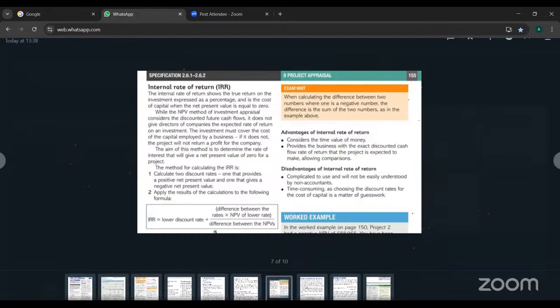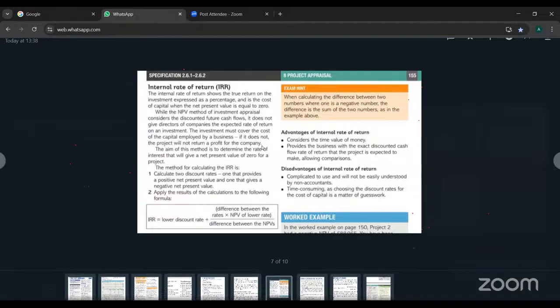And you calculate this. That is IRR. IRR is a bit difficult, but once you are used to past paper questions, it will be easy. Now I'll go to the advantages of IRR.